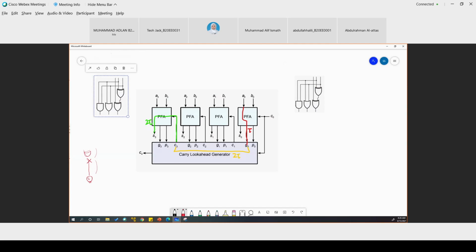Where is this T coming from, right? Here we have A, B, carry, and then the T, the P, and the S.